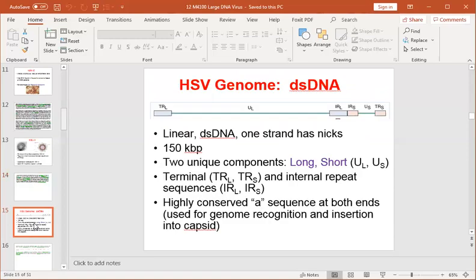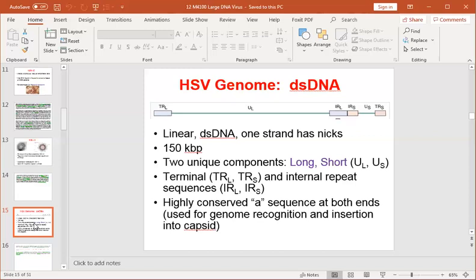The herpes simplex virus genome is a double-stranded DNA genome, and it is linear. One of these two strands has nicks or cuts in it. It's 150 kilobases, relatively large. The genome has two unique components called long and short: unique long or UL, and unique short or US, as we can see in the diagram above.